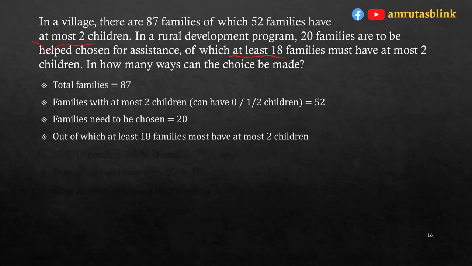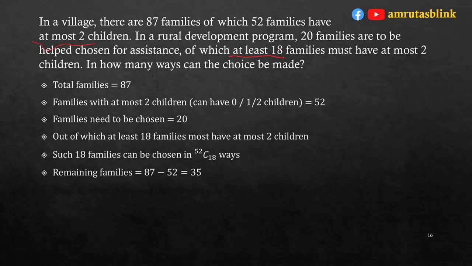Out of these 20 families, at least 18 families have at most 2 children. Hence, such 18 families can be selected in 52C18 ways. Now, how many families are there? 87. So, remaining families are 87 minus 52, that is 35.